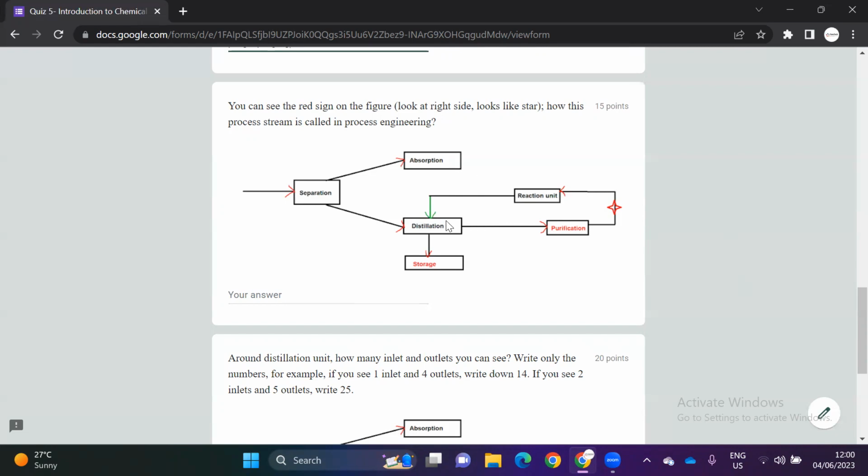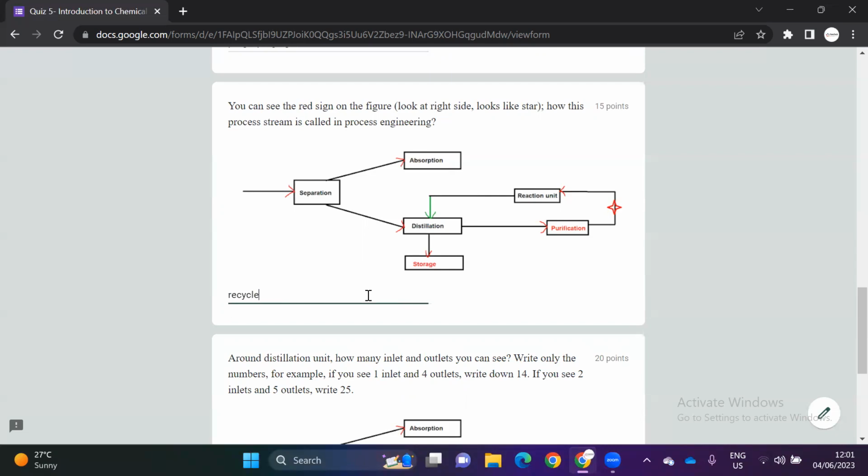At first there may be 25 or 30% conversion, but then it is purified and sent to the reaction unit again and to the distillation unit again. There will be an increase in the conversion. Therefore, it's called a recycle stream. Our main aim is to increase the conversion and not to lose our valuable products. It will be recycle stream.